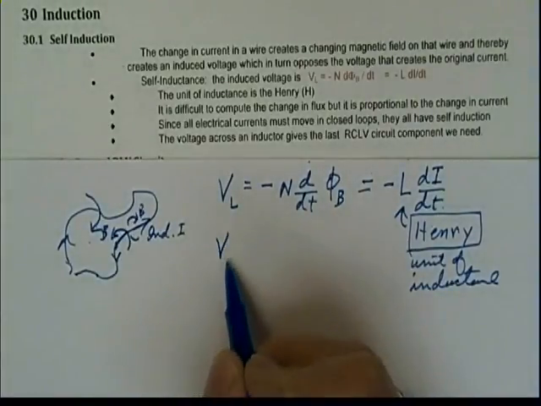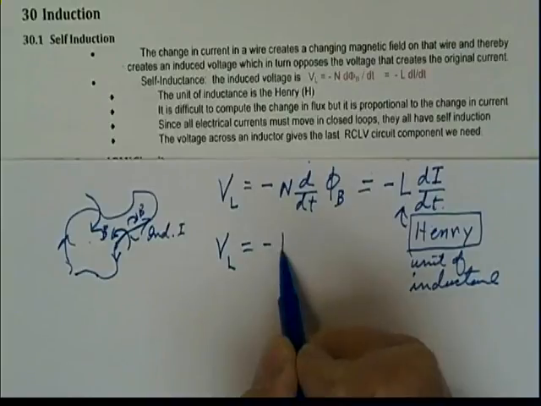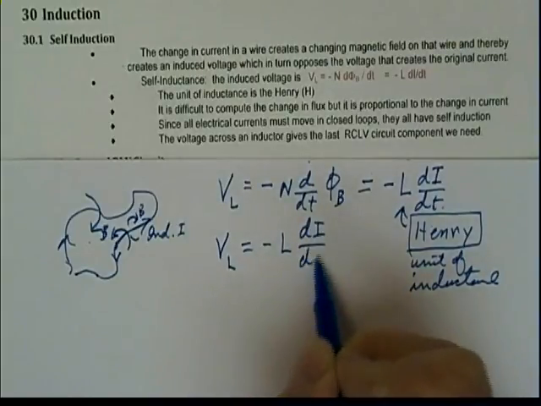This is our main formula. Voltage inductance is equal to minus L di/dt.